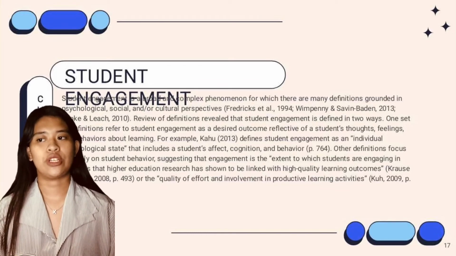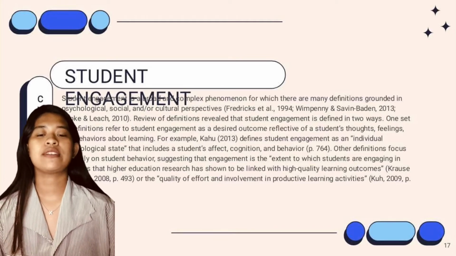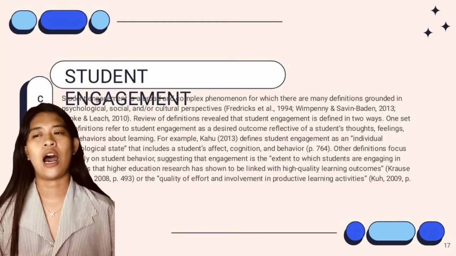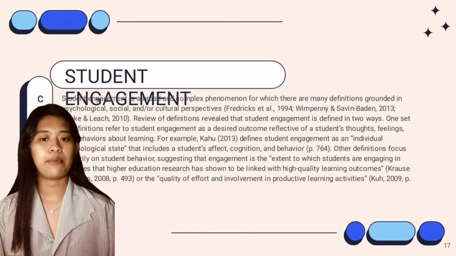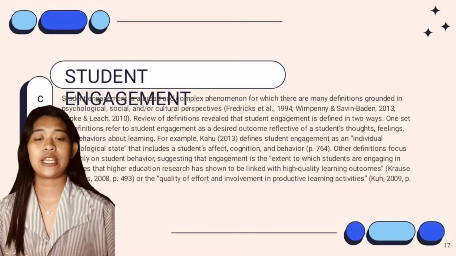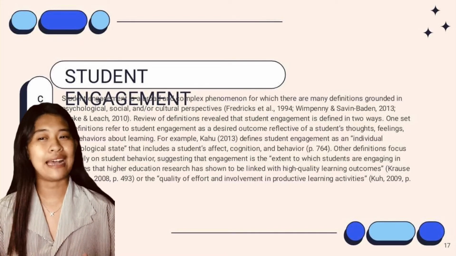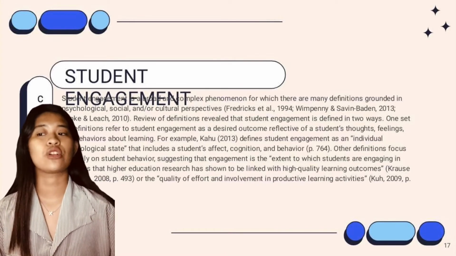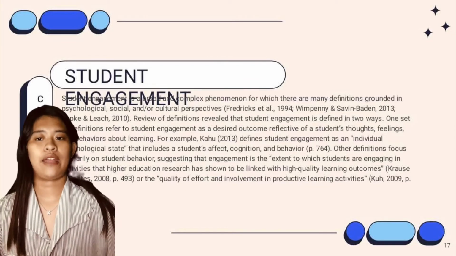Reviews of definitions refer to student engagement as a desired outcome reflective of a student's thoughts, feelings, and behaviors about learning. For example, according to Kahu 2013, student engagement is an individual psychological state that includes a student's affect, cognition, and behavior.